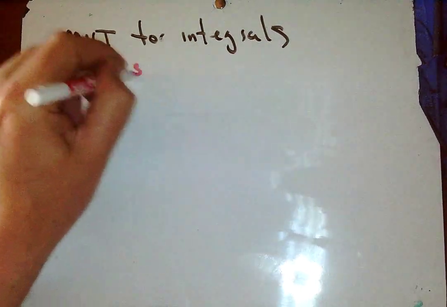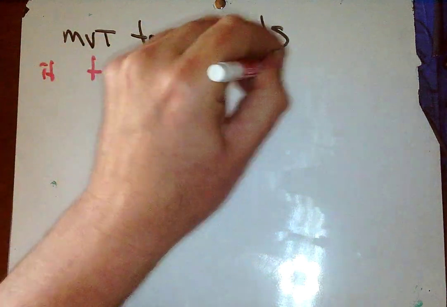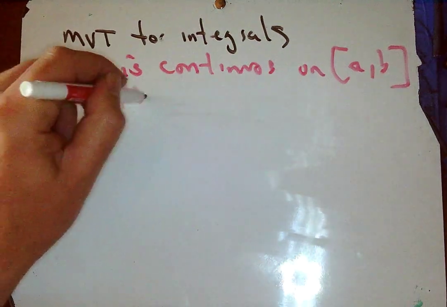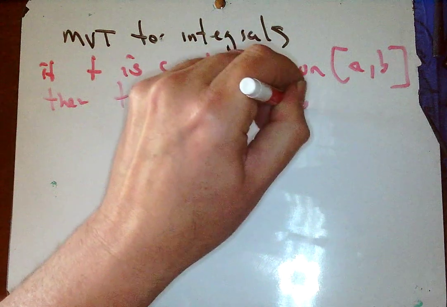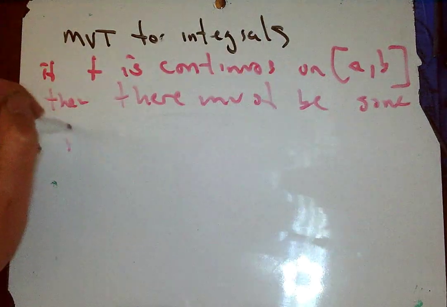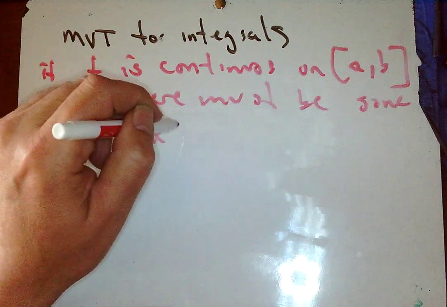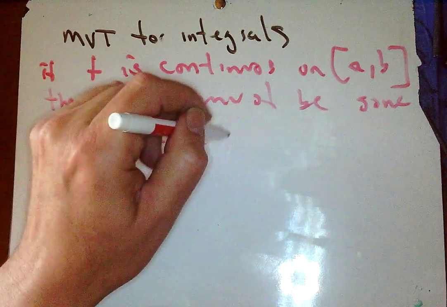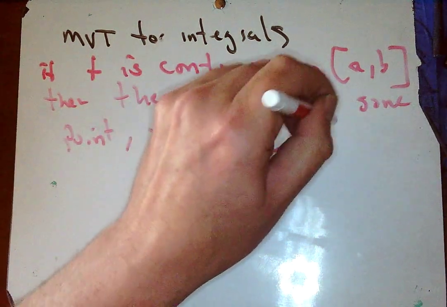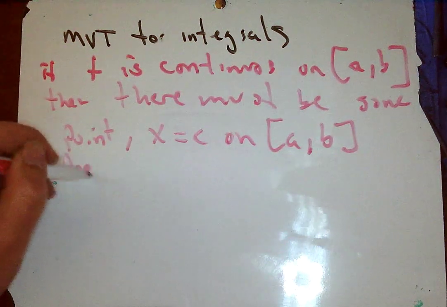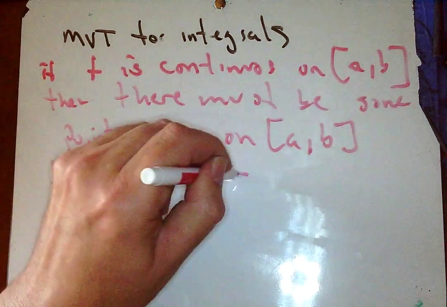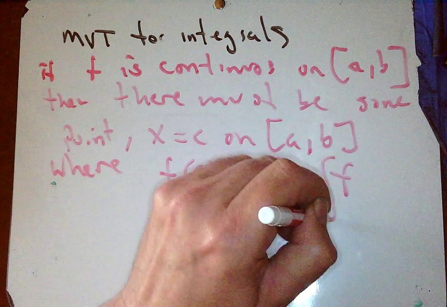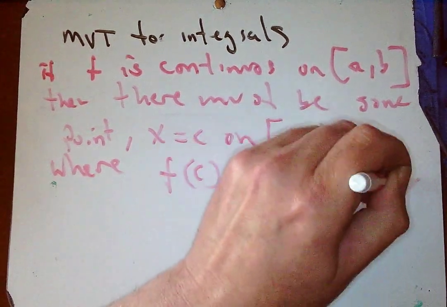If f is continuous on a to b, then there must be some point x equals c on a to b where f of c is equal to 1 over b minus a times the integral from a to b of f of x dx.